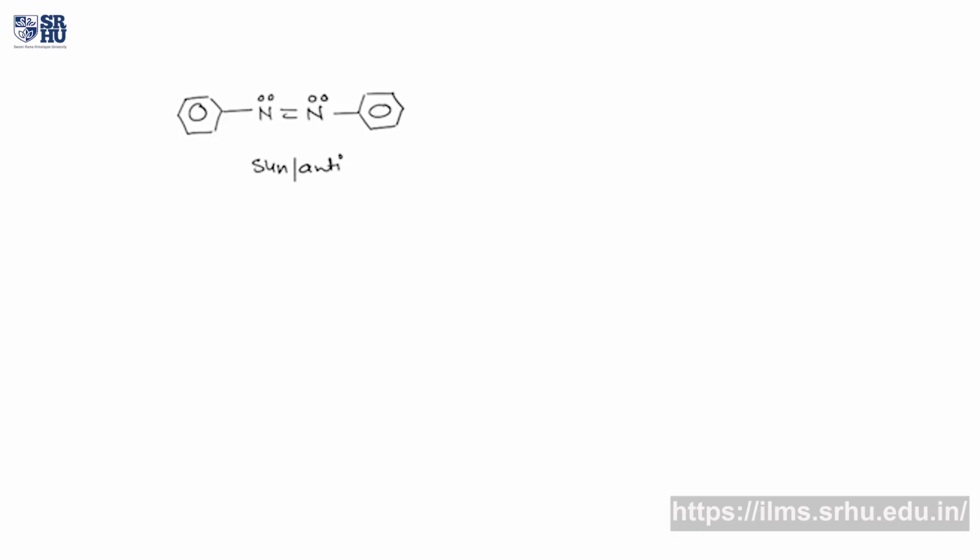Now how will you give them the names syn and anti? First of all, you must know that the names syn and anti will be given here. There will be no cis and trans. It will be the same as that of oxime. So first of all, we should draw the structure. I will draw benzene as C6H5, and this is N double bond N, and C6H5, and the lone pair and the lone pair.